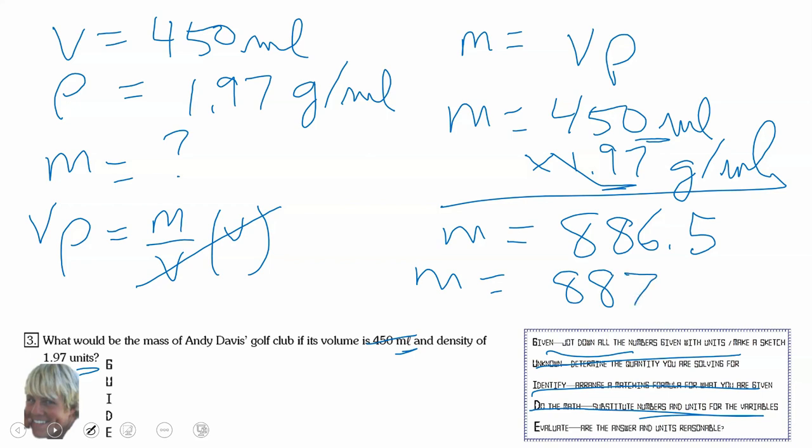And a milliliter multiplied by a gram divided by a milliliter, so milliliter times gram per milliliter, those milliliters cancel and you're left with grams. So a golf club that's just under 1 kilogram, not too bad. You want some light golf clubs, but with club heads, you want to have a bit of mass to them.